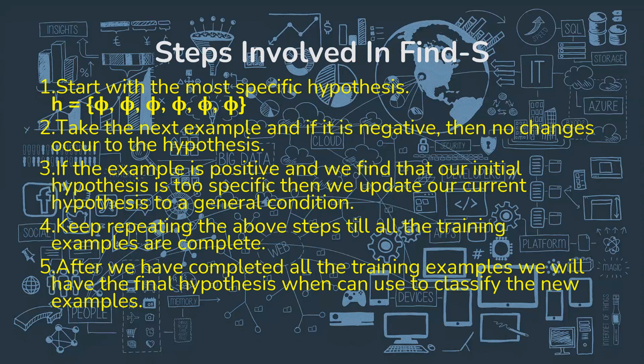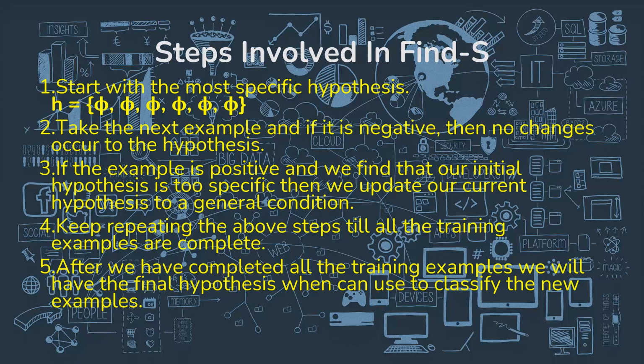Whenever a positive data is taken, if the hypothesis is too specific and we need to update it, then it turns into a general condition, where the specific data given and the general condition are both acceptable. Keep repeating the above steps till the training examples are completed.